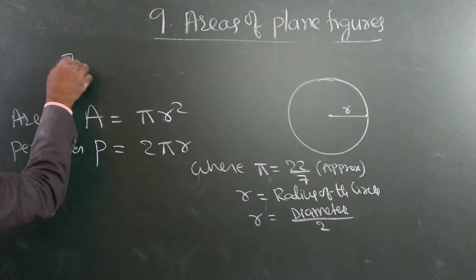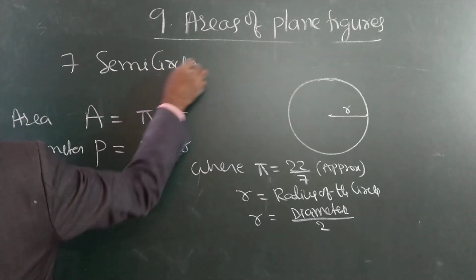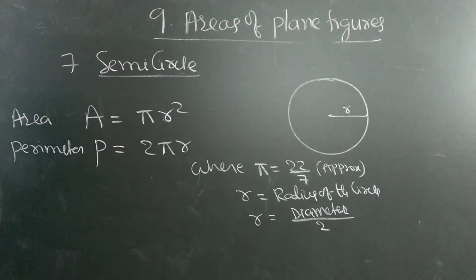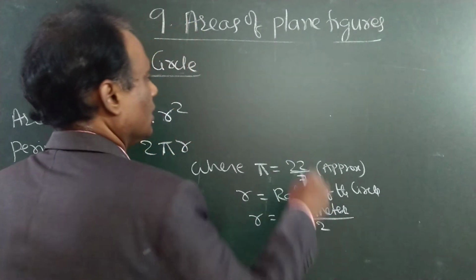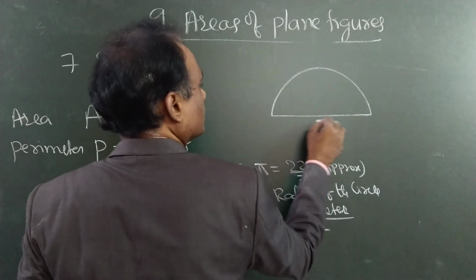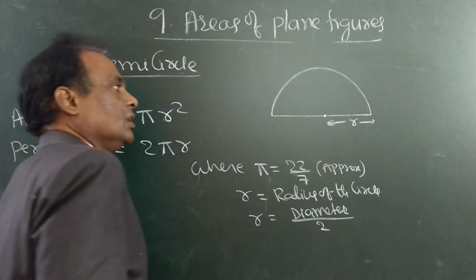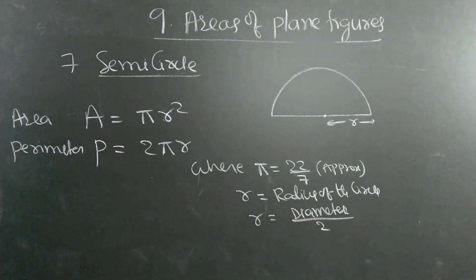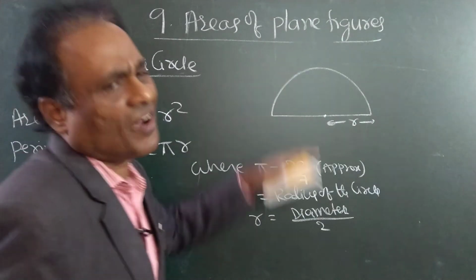One more last figure, semicircle, half circle. So area will be half of the circle.